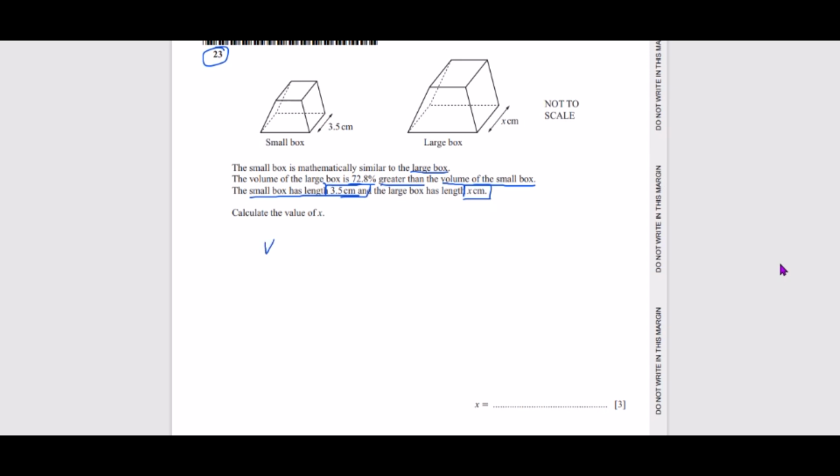The volume of the small box is equal to 100, let's say, and the volume of the large box will be equal to 172.8. Okay, now we use the formula: the length of the large box divided by the length of the small box, cubed, is equal to the volume of the large box over the volume of the small box.